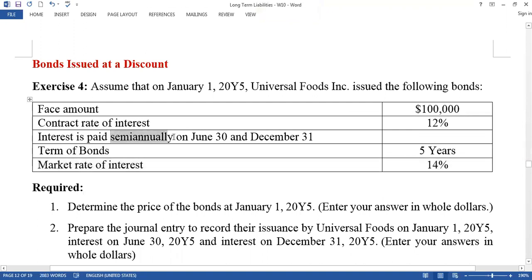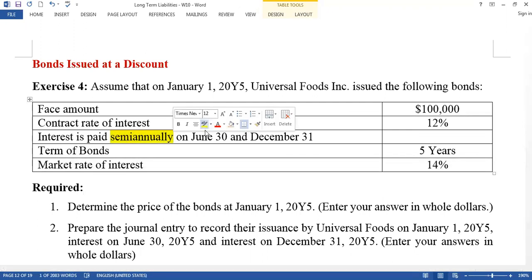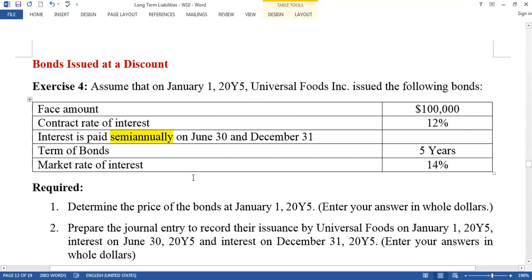Now, this is the important keyword, that interest is paid semi-annually. We have to calculate the compounded interest rate, and we have to calculate the compounded time period, right? So how to do that?